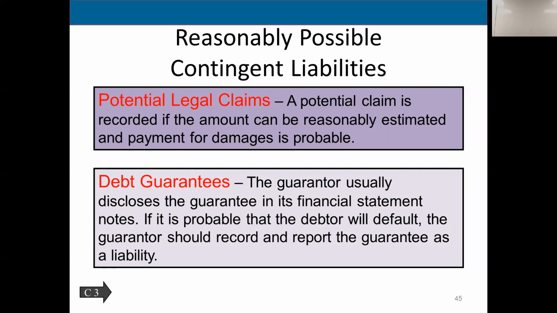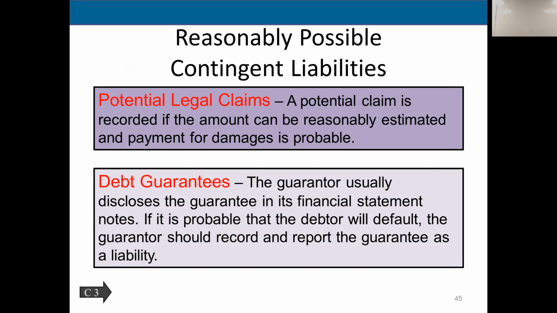Debt guarantees. We're usually going to disclose the guarantee if it is probable that the debtor will default. Okay, if it's probable that the debtor will default, we're going to record and report it as a liability.